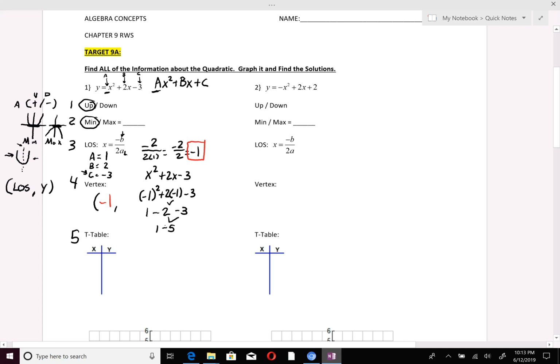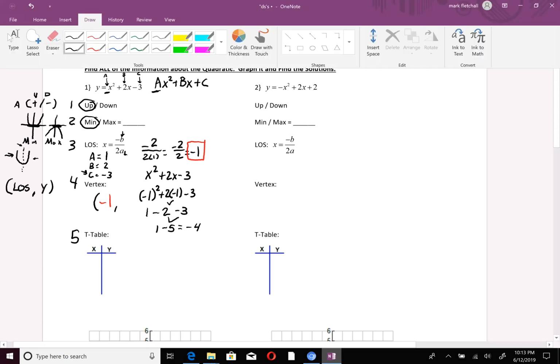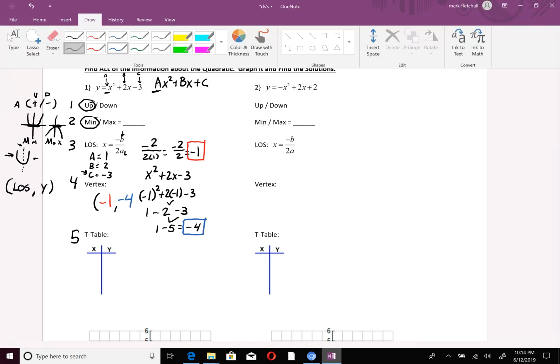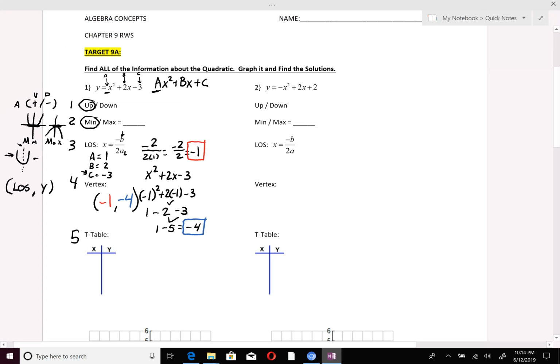And so 1 minus 5 is a negative 4. So this negative 4, which I'll box in blue, goes here. And so it's important to see that we use our line of symmetry to first provide our x value, and then we use it to find our y.